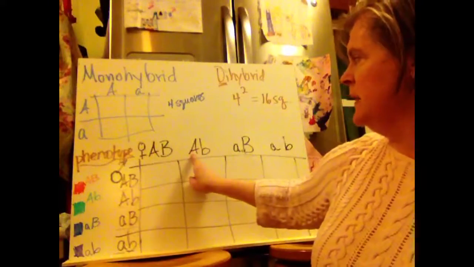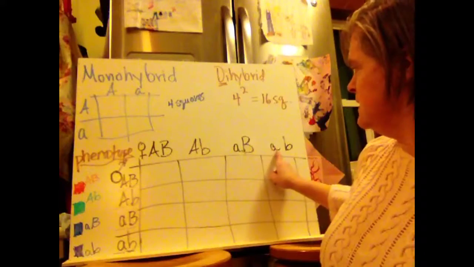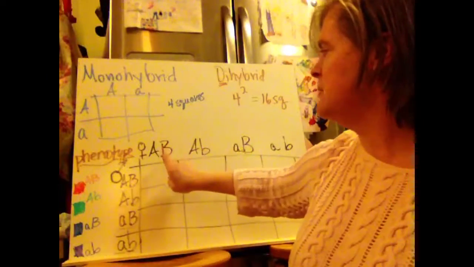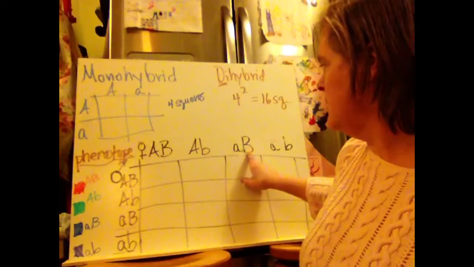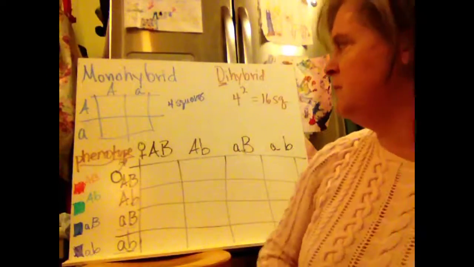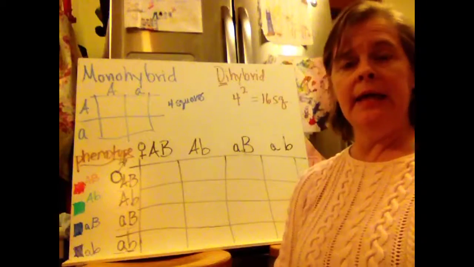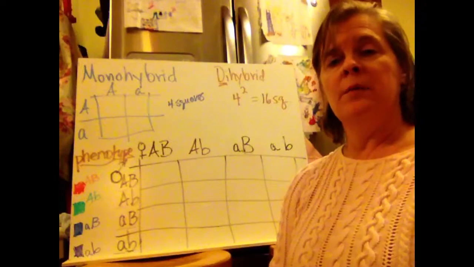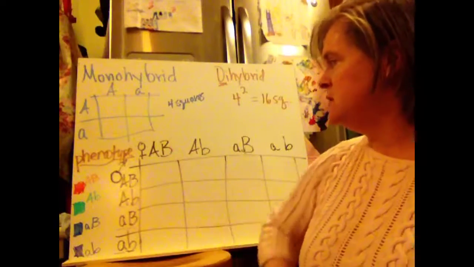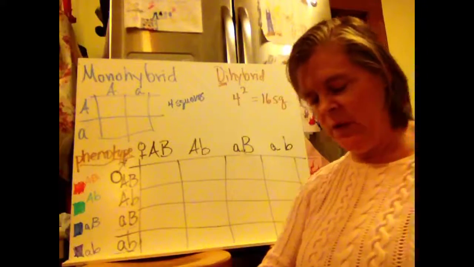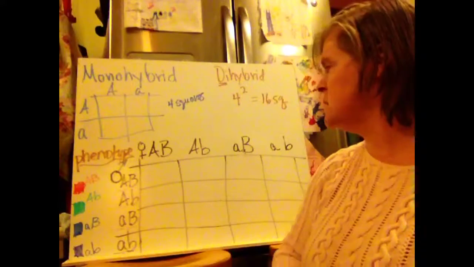First put your dominant A's and then your recessive a's. Then put your dominant B, recessive b, dominant B, and recessive b. And remember, the A and the B represent different alleles for different genes. Okay, then we'll go ahead and fill in our Punnett square.